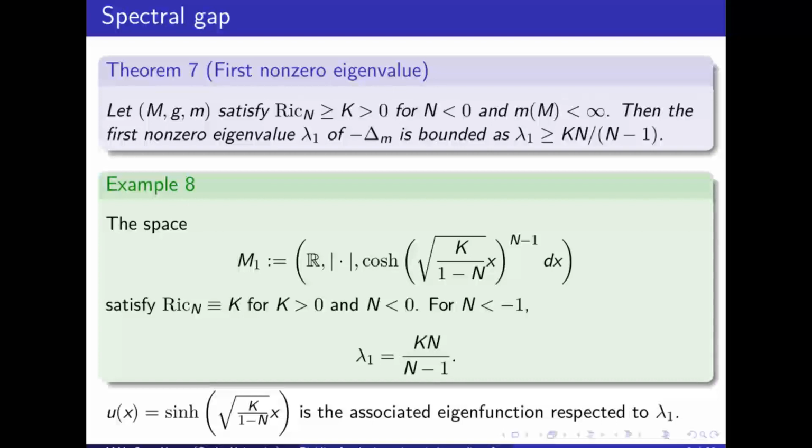And here the Ricci curvature is equal to k everywhere. For n smaller than minus 1, the first non-zero eigenvalue attains the lower bound kn over n minus 1. And the hyperbolic cosine function is the associated eigenfunction with respect to lambda 1, with respect to the constant kn over n minus 1.